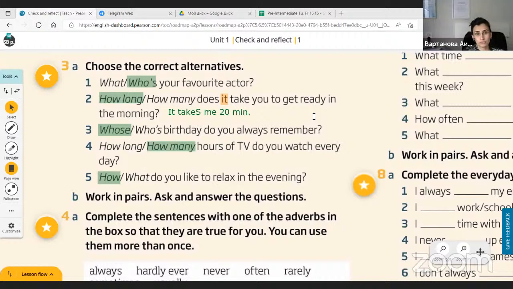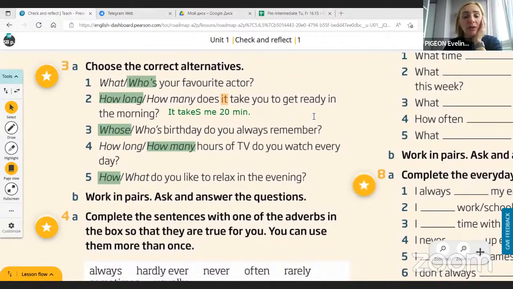Aida, now you ask Larissa the third one. Whose birthday do you always remember? I always remember family's birthday. Yes, right. Larissa, and what about you?